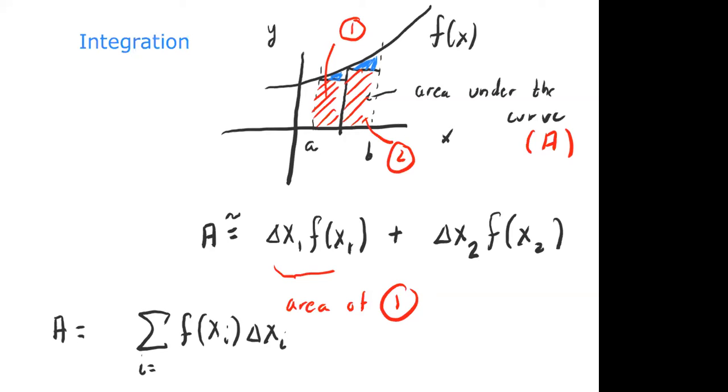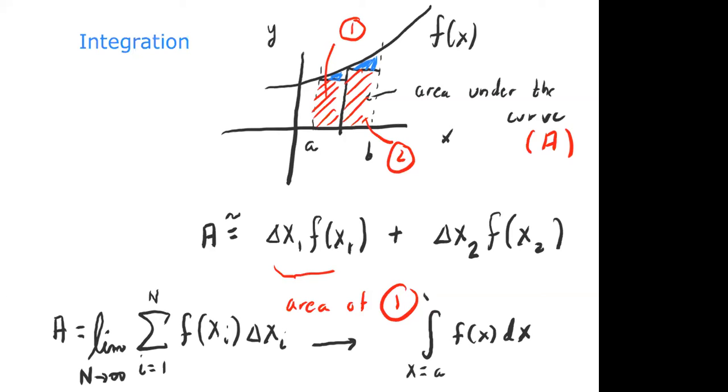And you don't take 1 or 2 or 3, you take a large number, n, some finite number, and then you take the limit of that expression as n goes to infinity. And that is exactly what we mean by an integral. That's exactly what you are doing when you do an integral.